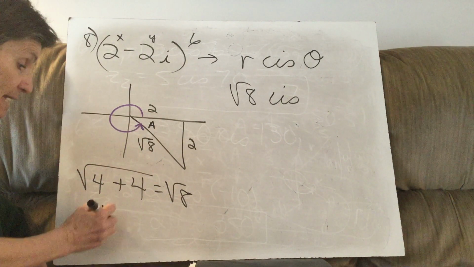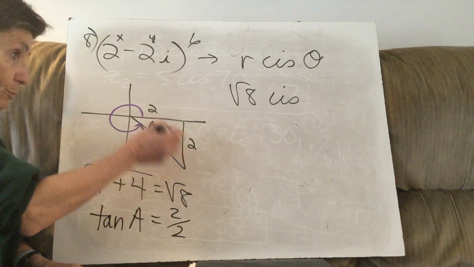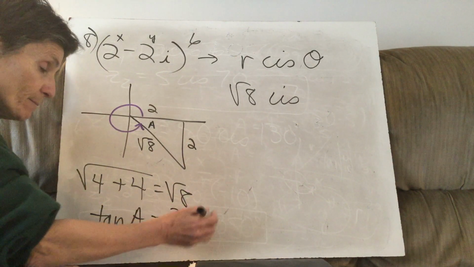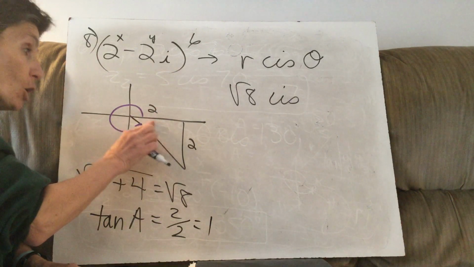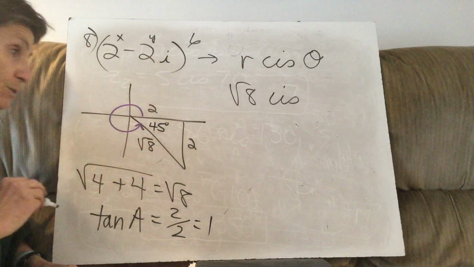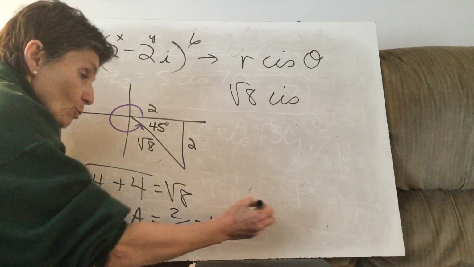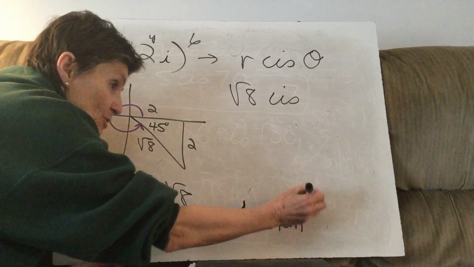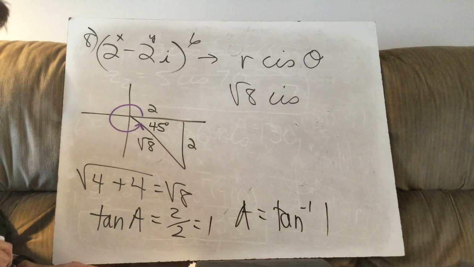I know that the tangent of a is 2 over 2, or 1. By the way, when those match, hopefully you've done enough of this that you remember that's going to be a 45-degree angle. But if you don't remember that, you are going to second tangent 1, and it's going to say 45 degrees.